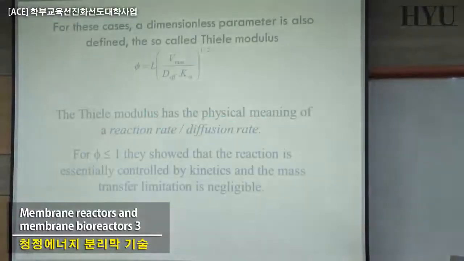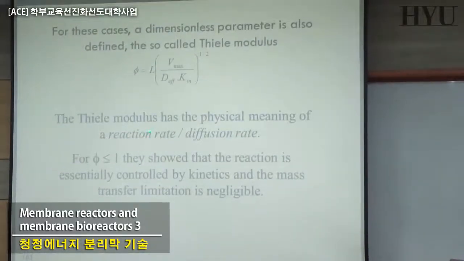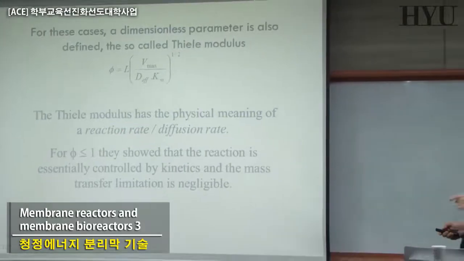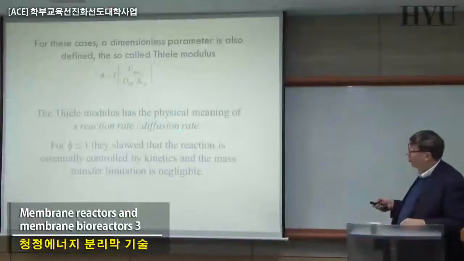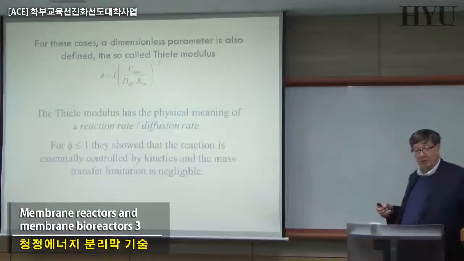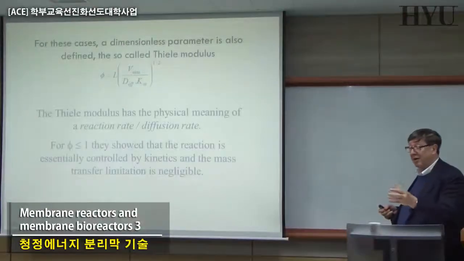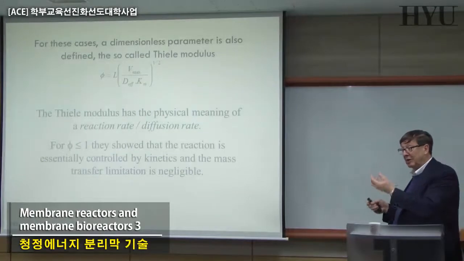And also here you can have Thiele modulus, which is nothing more than the ratio between the reaction rate and the diffusion rate. From the Thiele modulus, you can identify if the system is controlled by the reaction rate, by the velocity of transformation of your substrate, or by the velocity characterizing the arrival of the substrate to the active sites.